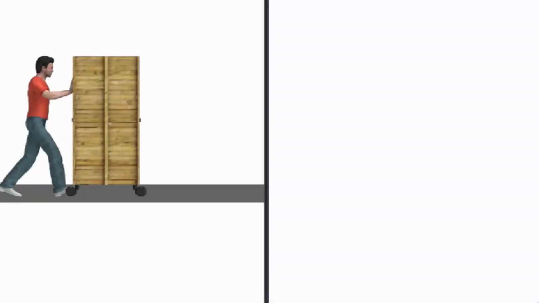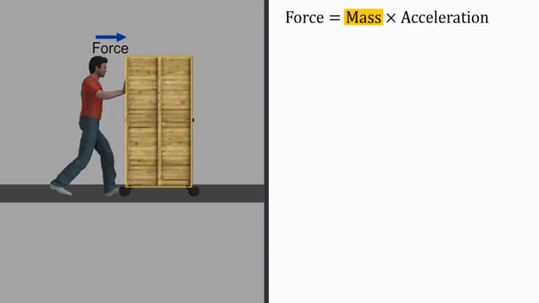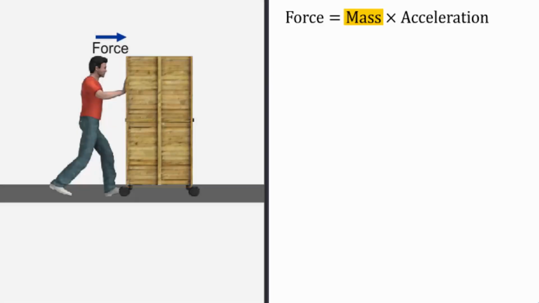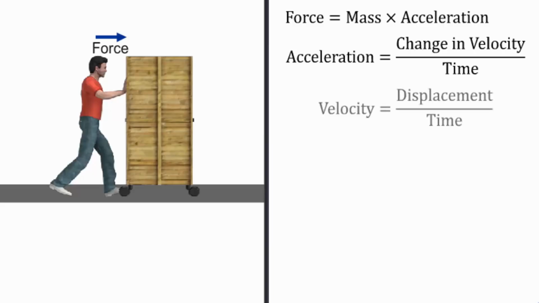Force is the product of mass and acceleration. Mass is a base quantity, and acceleration is a derived quantity, which is the ratio of change in velocity to time. Velocity, which is also a derived quantity, is the ratio of displacement to time.